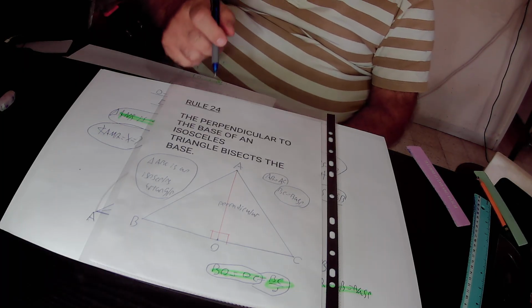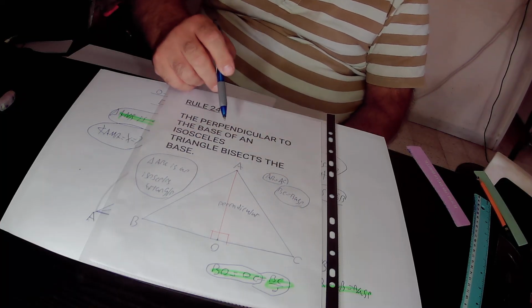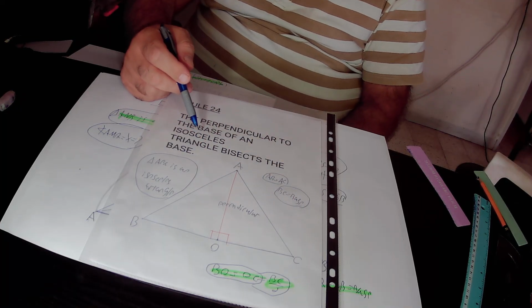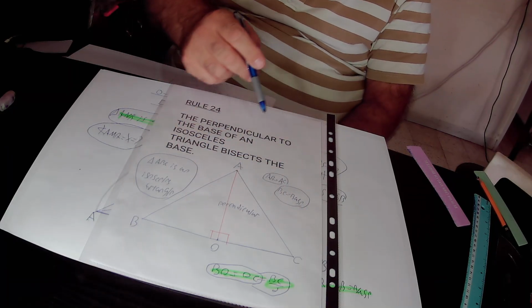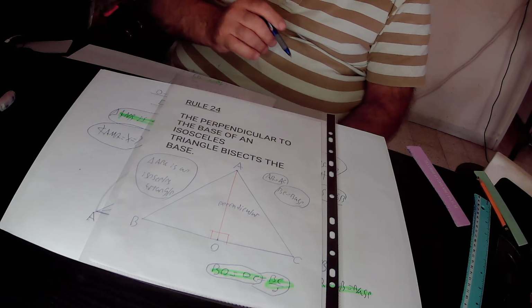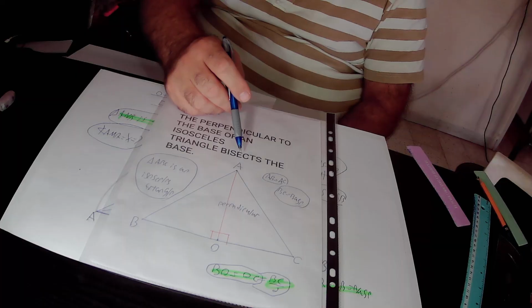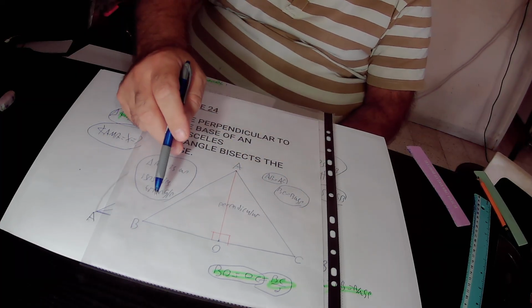So in the drawing we have the associated triangle, triangle ABC. Triangle ABC is an associated triangle because side AB equals side AC. BC is the base of this associated triangle, triangle ABC. And according to rule 24, the perpendicular AO to the base BC bisects the base BC.